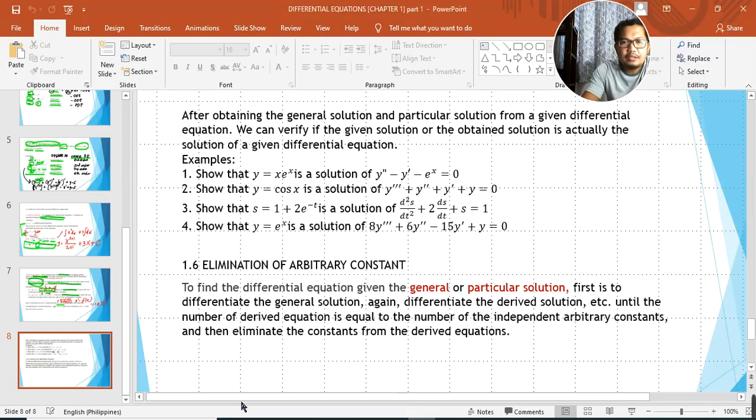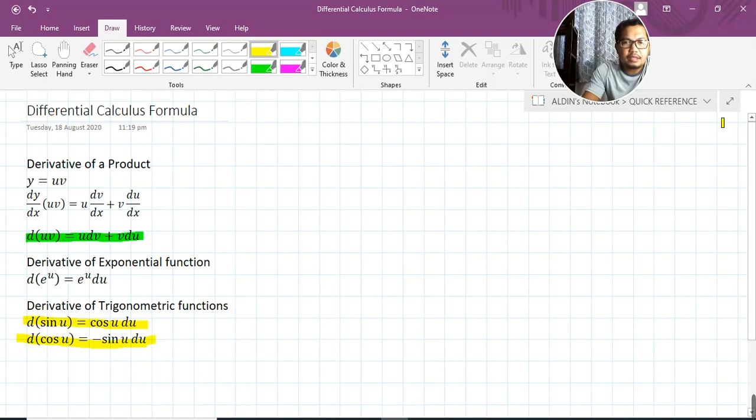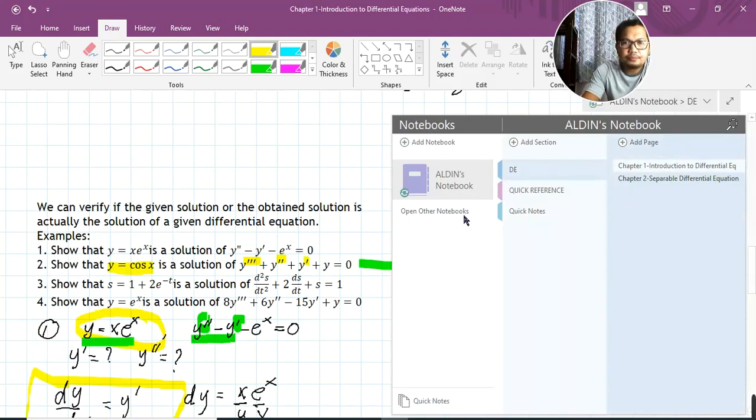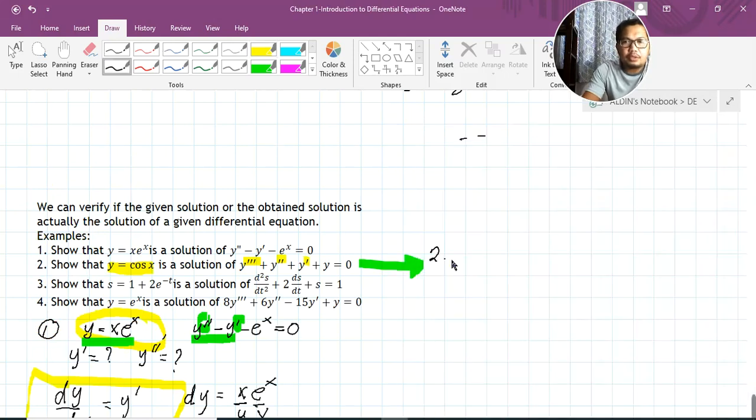Let us solve example number 2. Let us determine the first derivative. What is the first derivative? The first derivative of cosine is negative sine.